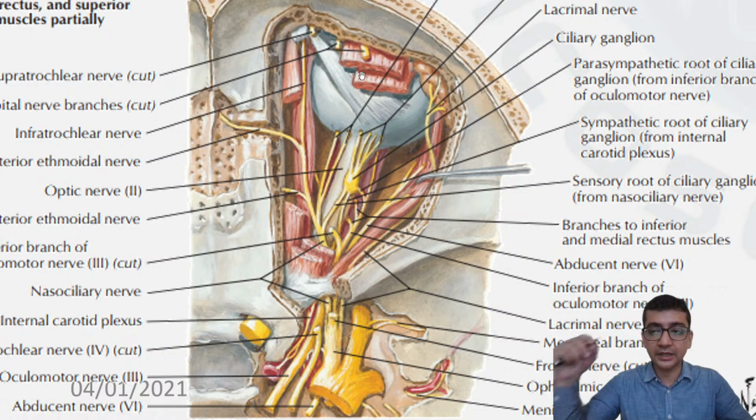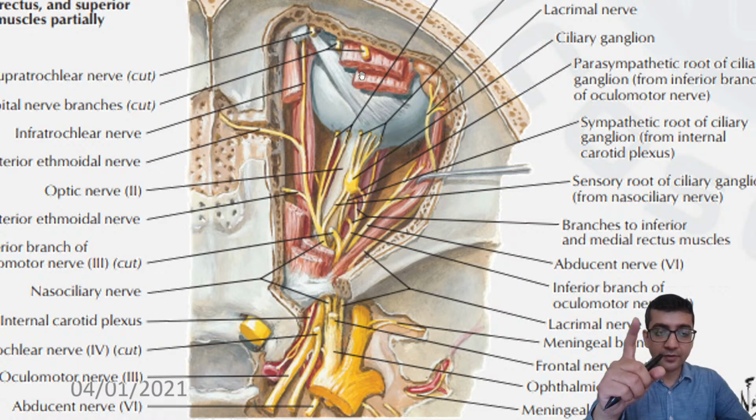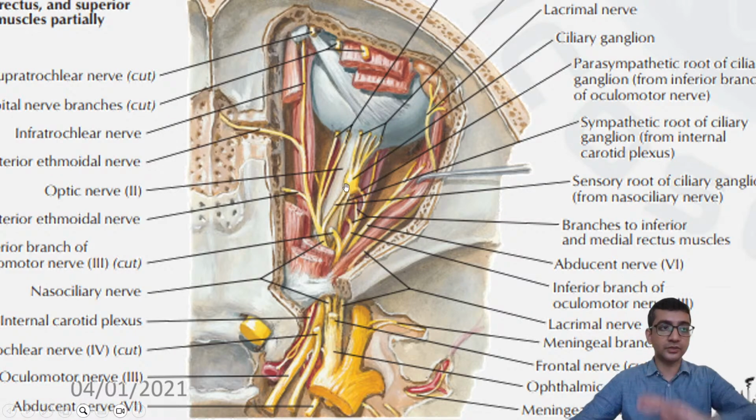When you get dust in the eye, when you get a puff of wind in your eye, and when you get a cotton swab touched to the top of your cornea, you blink. The sensory supply for all of these cases was from the nasociliary nerve. It was coming to the nasociliary nerve either through long or short ciliary nerve, ultimately to the nasociliary nerve, then the ophthalmic division, then the trigeminal nerve, and so on.